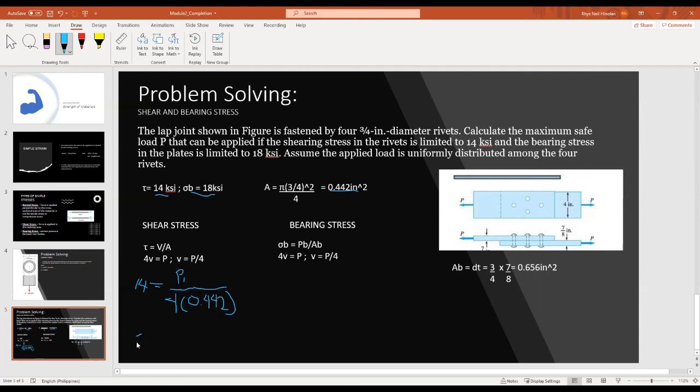When we solve this, we get P equal to 24.752 kips.